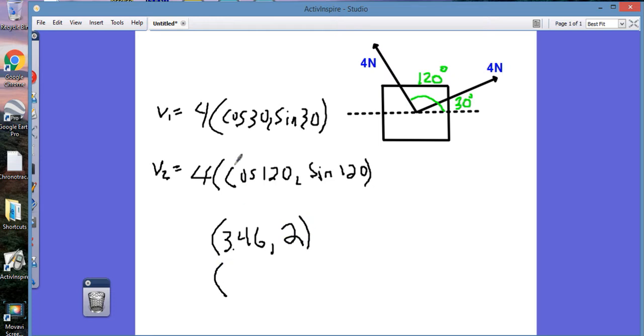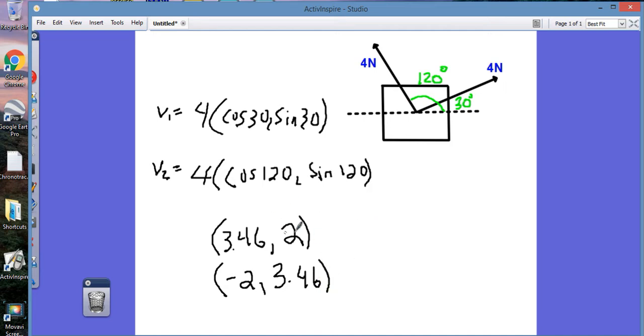Right? You have vector 2. 4 times the cosine of 120 is going to be a negative 1/2, so you've got negative 2. And again, another square root of 3 over 2 times 4, which is 3.46.